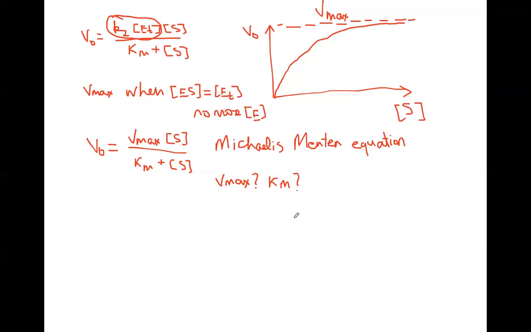So Km can be characterized, let's say, V naught is somewhere here, basically one half of the Vmax.